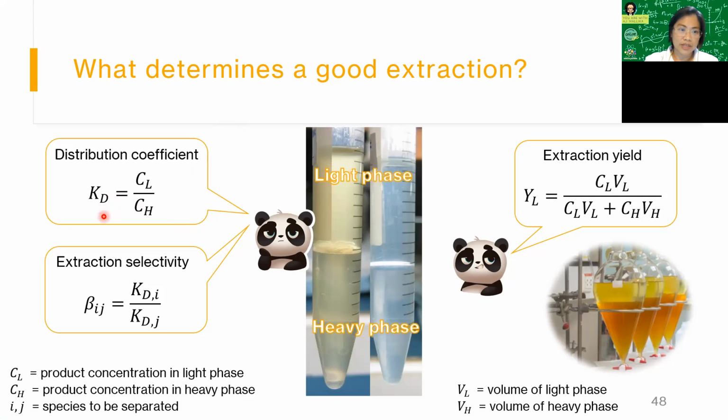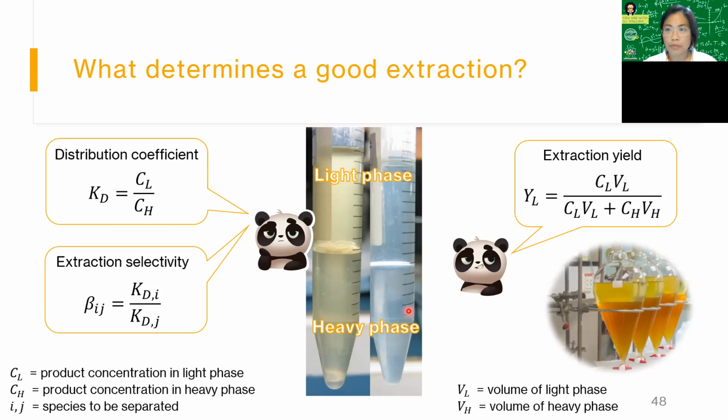The distribution coefficient is normally denoted KD, and it's the ratio between the product concentration in the light phase over the product concentration in the heavy phase. The concentration we are talking about is the concentration after the extraction is done. So you start off from one phase, you add the extraction phase, then you mix them and leave them to separate. That is when you determine the product concentration in the light phase or in the heavy phase.